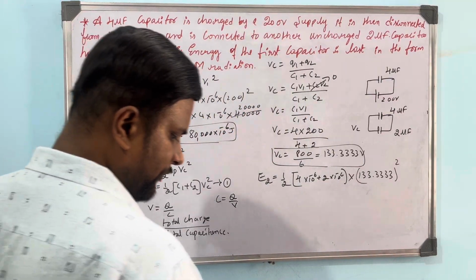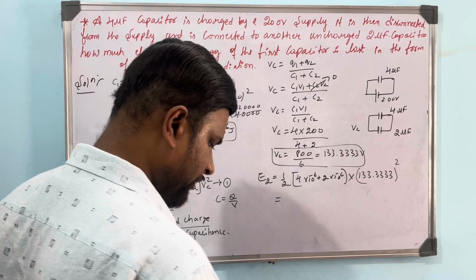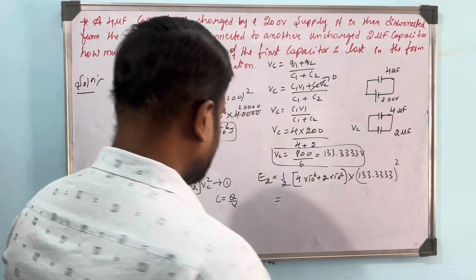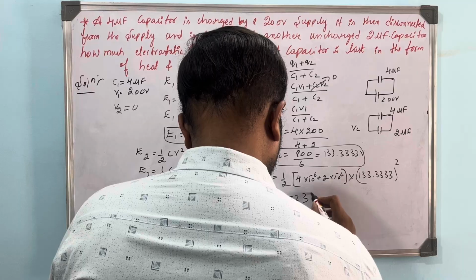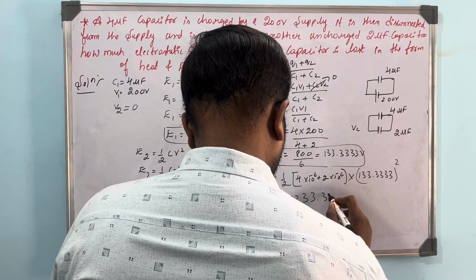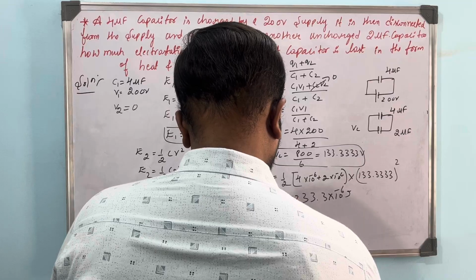If you simplify, you will get E2 as 5333.3 into 10 to the power of minus 6 joule.